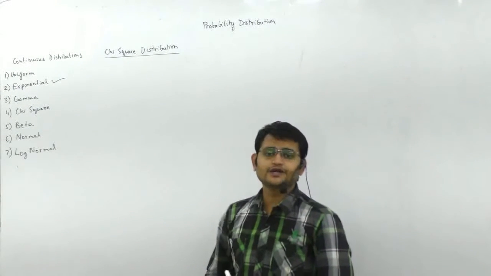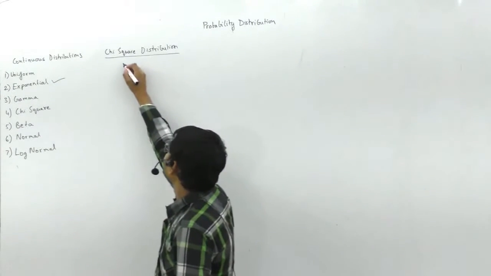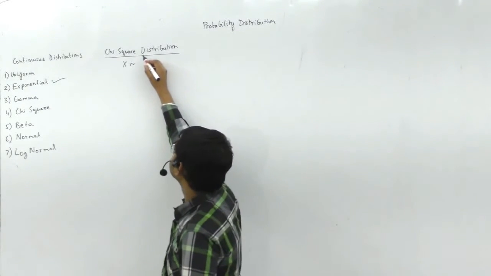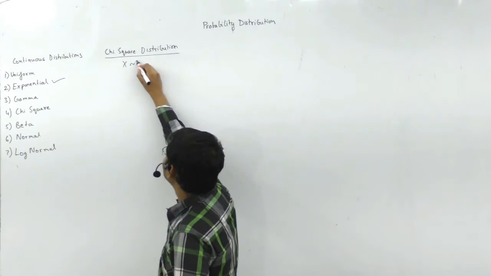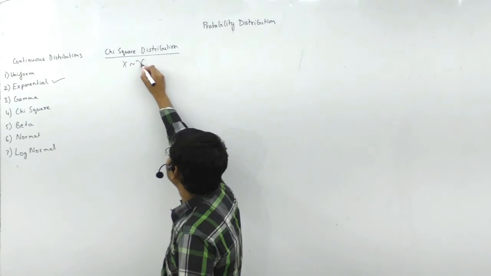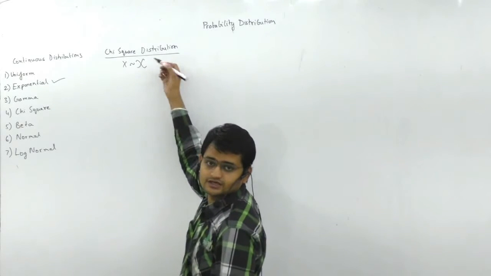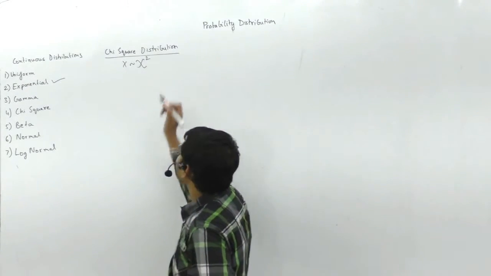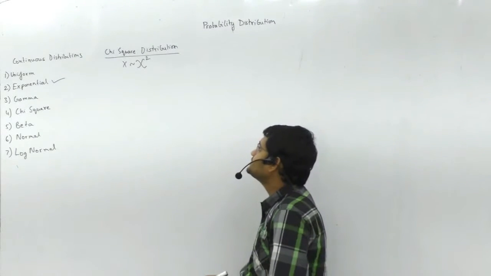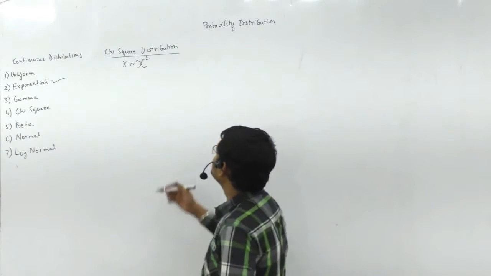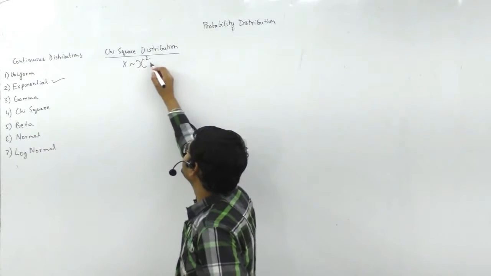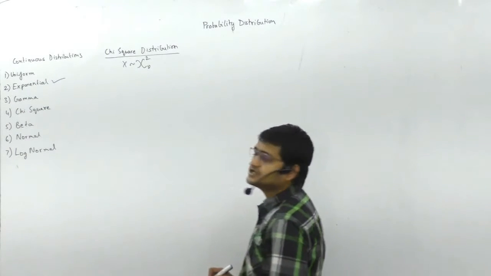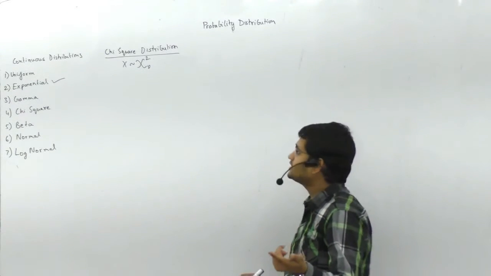So for chi-square distribution, we have x follows. Now there is a special symbol for chi-square. It looks like x, but it is a squiggly kind of x. This is a special kind of x, and then we write square. So this becomes the symbol for chi-square. So we have x follows chi-square, and then we have the parameter nu. It's the special kind of v.